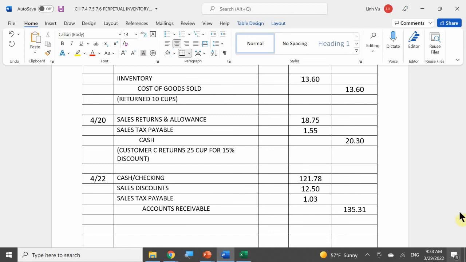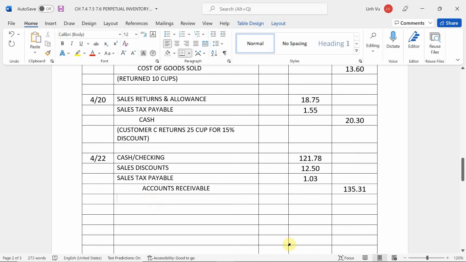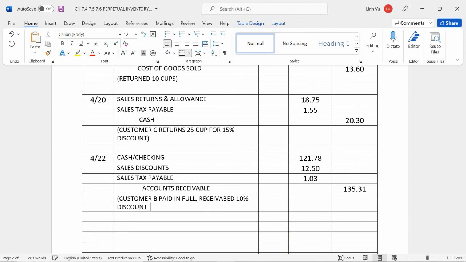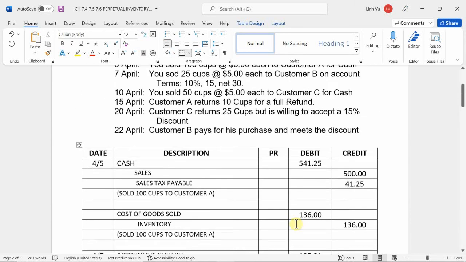Okay, so it's the amount that they owe me minus the discount and the tax. Okay, and I'm going to make a note here saying customer B paid in full, received 10% discount. Okay. And that is it for this section here.